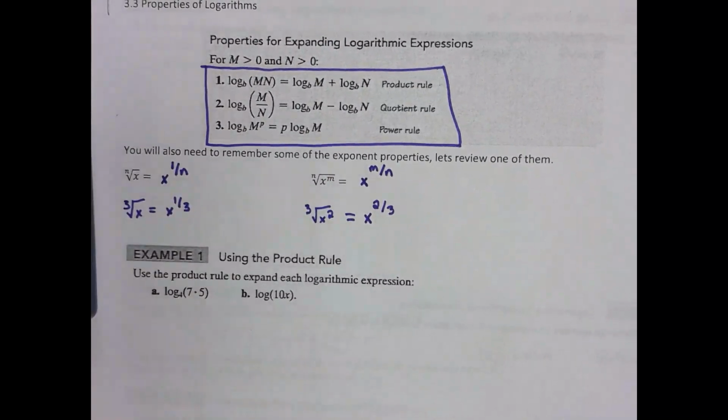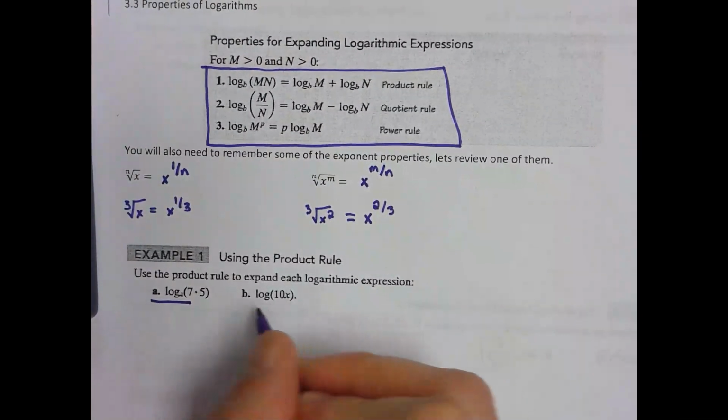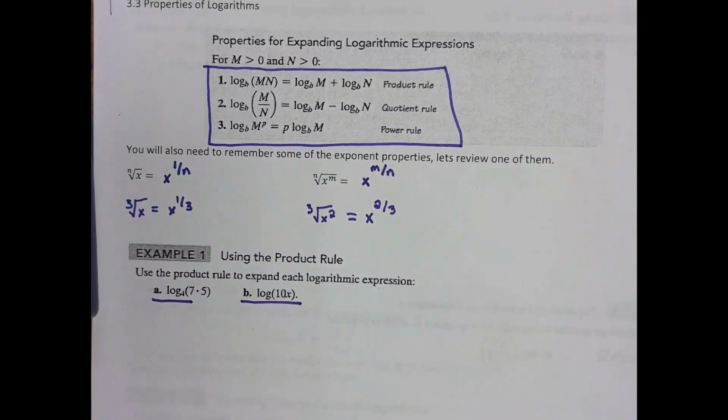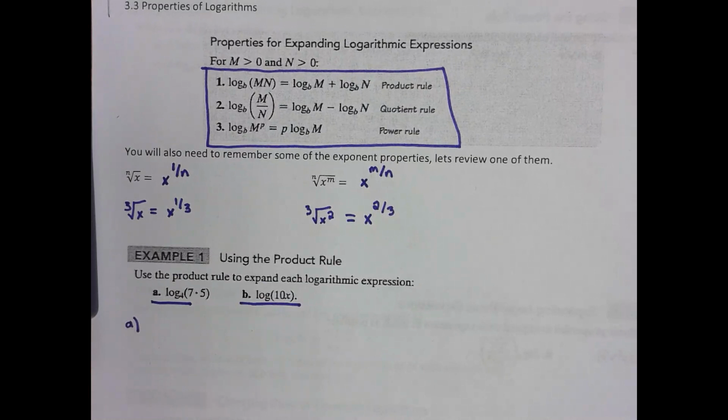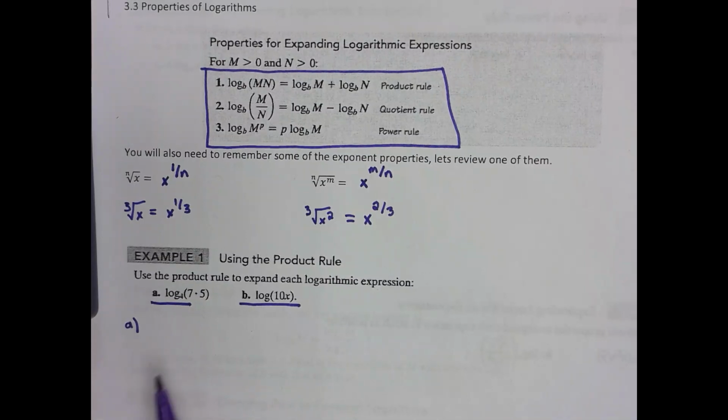All right, so in part A, and I'm going to do both of these, A and B, for us. But in part A, one thing that's important to take note of before we expand this out, I'm asking myself, I'm taking a log of how many terms? Well, technically it's only 1, right? Because 7 times 5 is 35. But we're going to practice this to expand it.